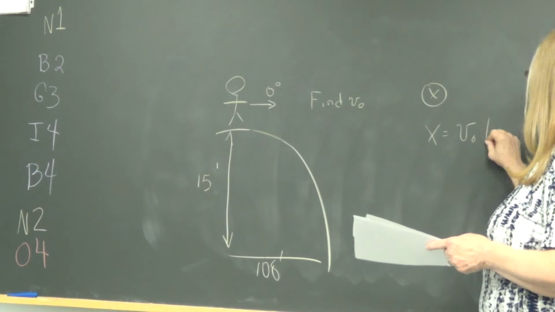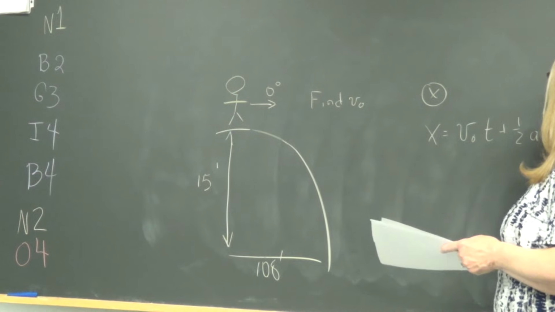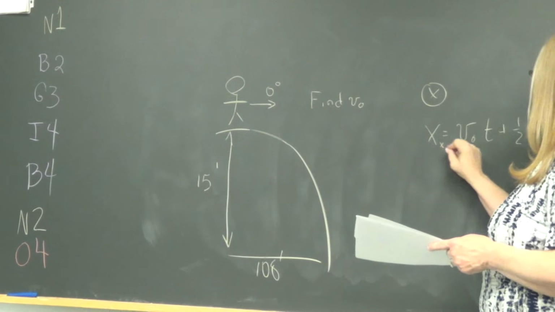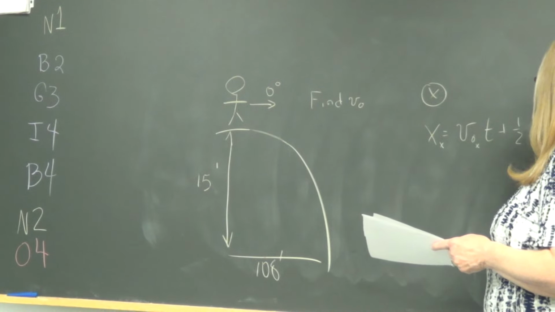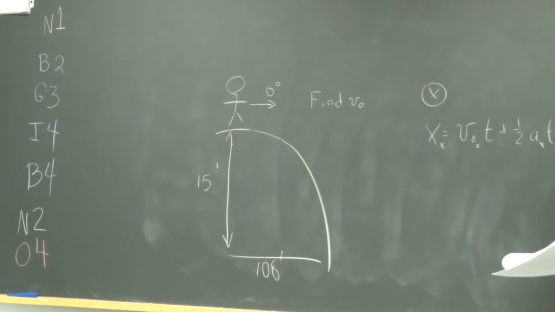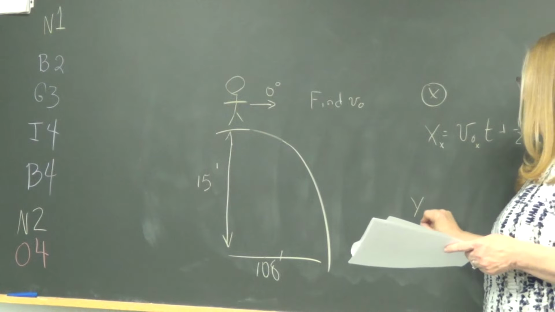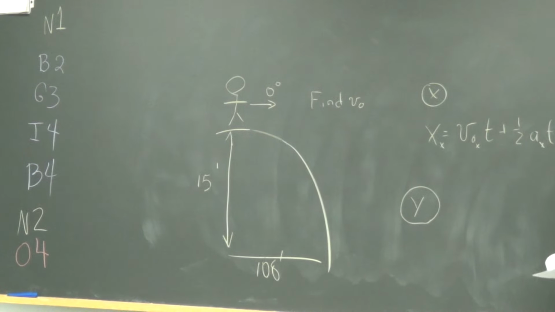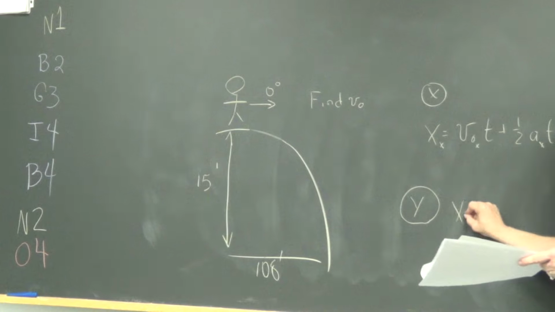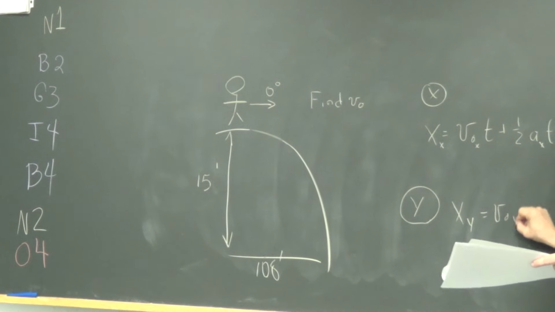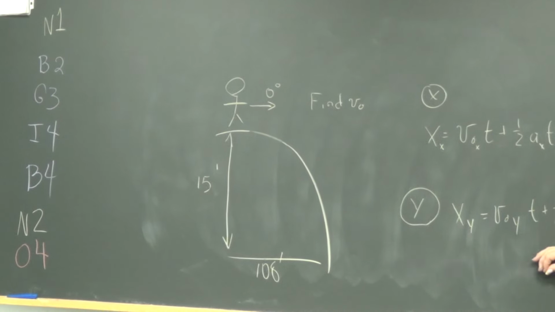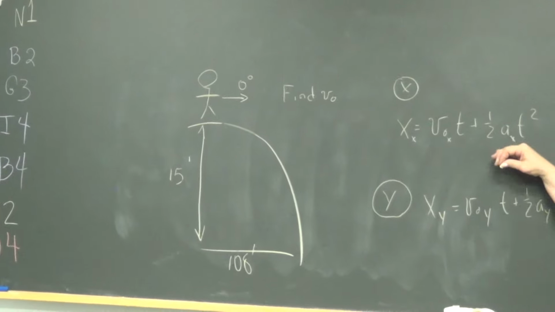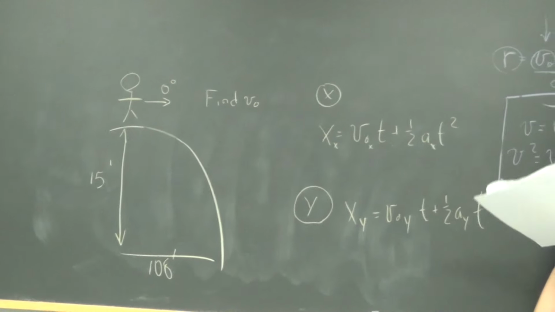Okay. So we're going to do it in terms of X and go as far as we can. And then we're going to stop because we won't have enough information, and we'll do it in terms of Y. And down here, we'll get the information that we need to go back and finish.